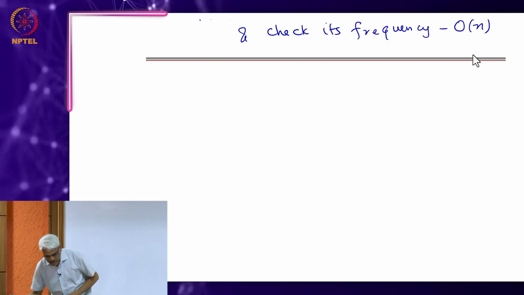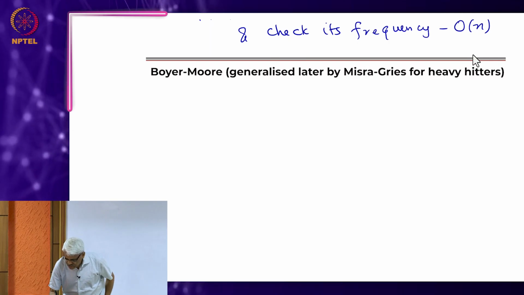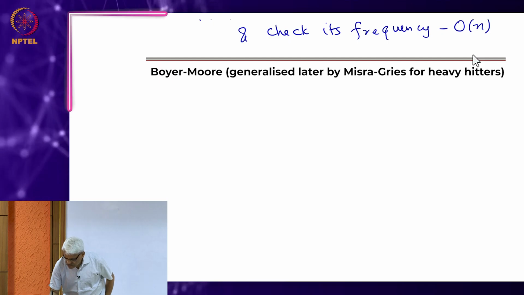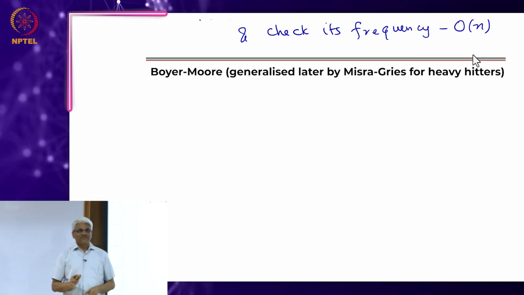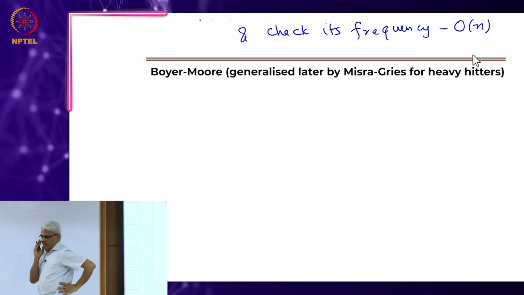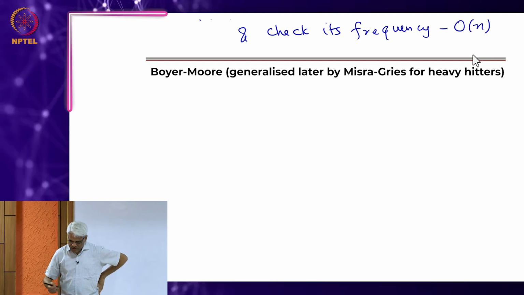It's a very clever algorithm which is attributed to Misra-Gries. If you Google, you will see Misra-Gries some million times because it's a very simple, well cited algorithm. Okay, so I'm going to demonstrate it.